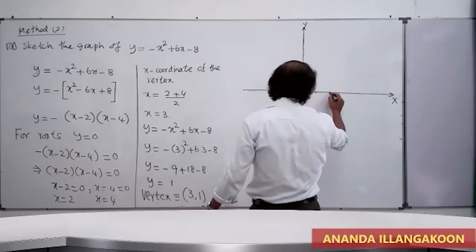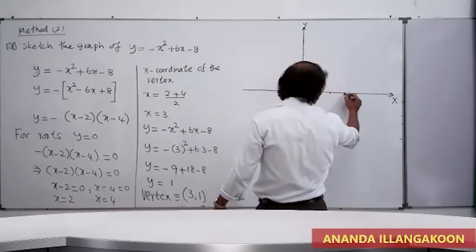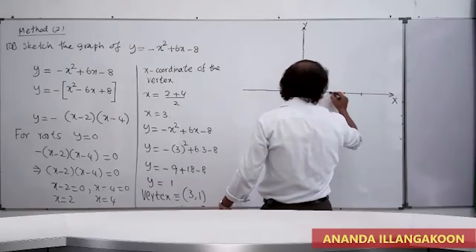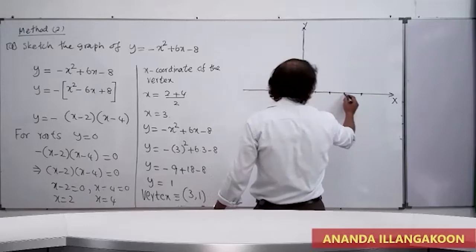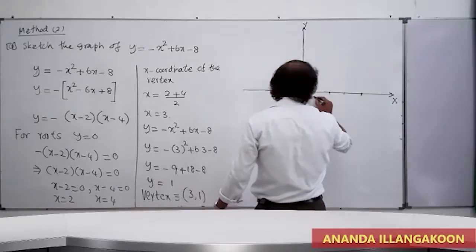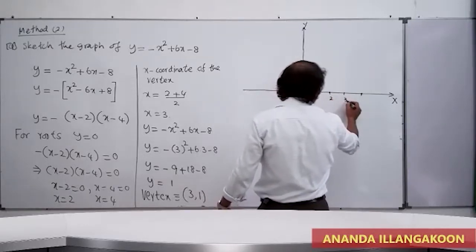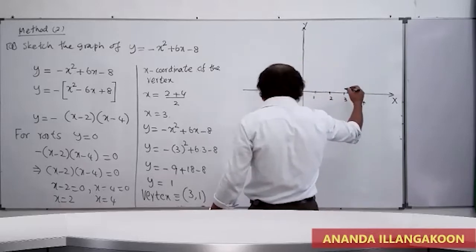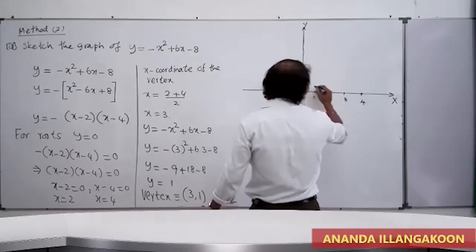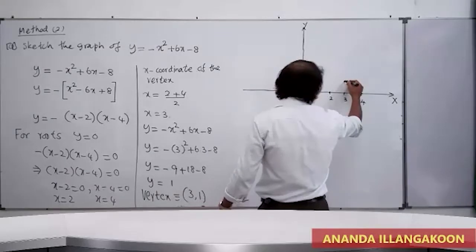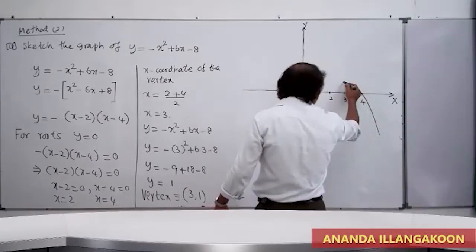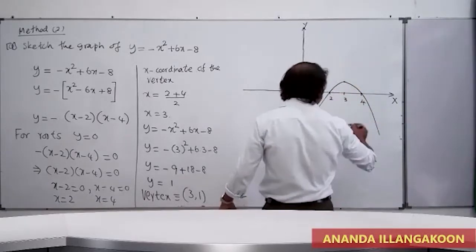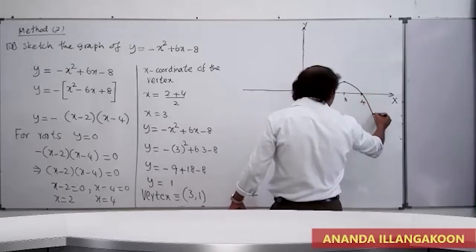Here 1, 2, 3, 4. 2 and 4 here. The vertex is 3, 1. x coordinate 3, y coordinate 1. This way. Now, it's a maximum, no? This way the graph. This is the graph, people.